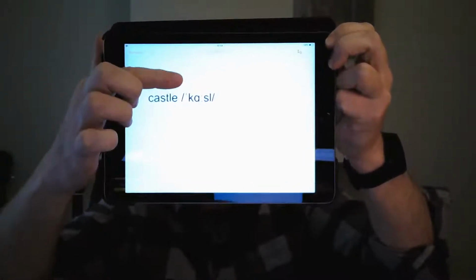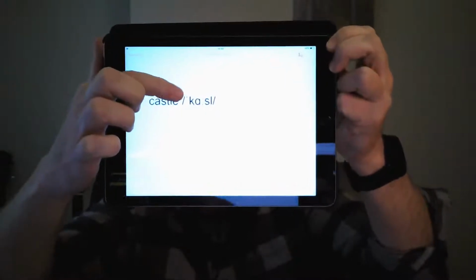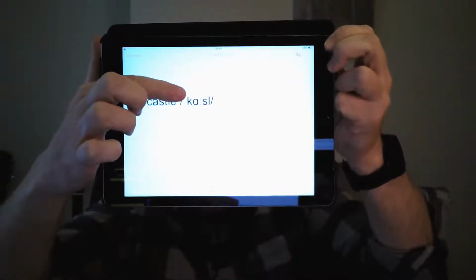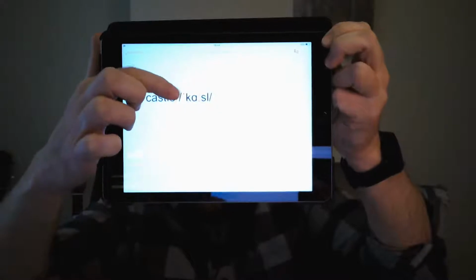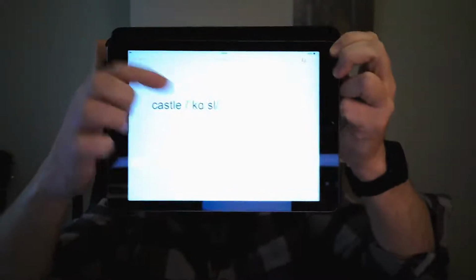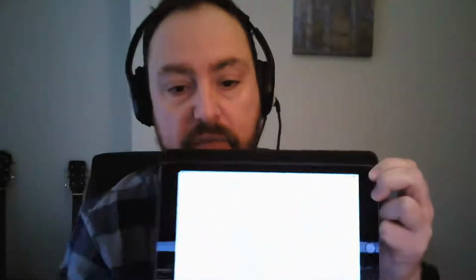So it's castle. Castle. Focusing on the long a as well. Castle. Castle. Okay, but again, we can see how easily the phonemic script shows us what sound or what letter is missing from there, as well as the long vowel sound as well.